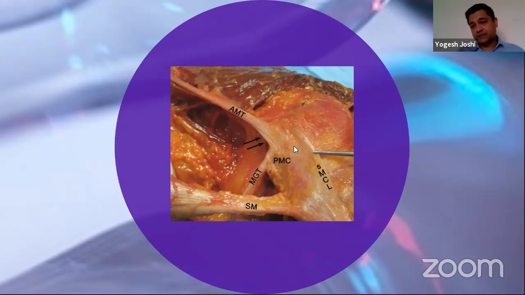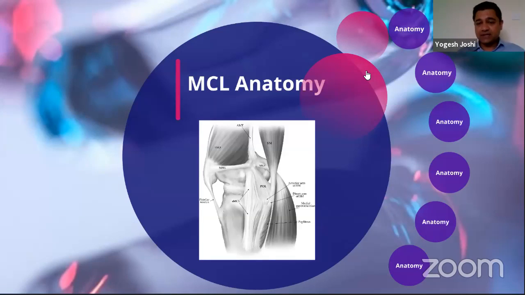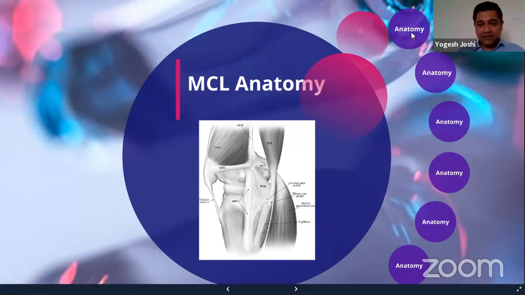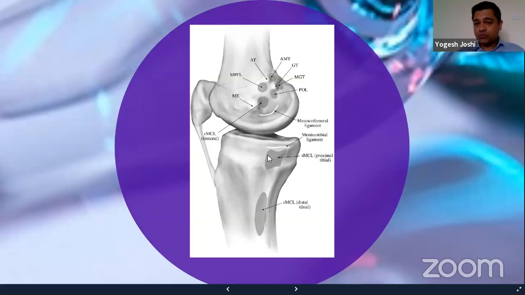And when you're doing a reconstruction, on the femoral side you're fine. But on the tibial side, you're looking at the attachment of the superficial MCL, isn't it? That's correct. On the tibial side there are two attachments of the superficial MCL. If you go back to the diagram, there is one which is proximal, and then the one which is distal.